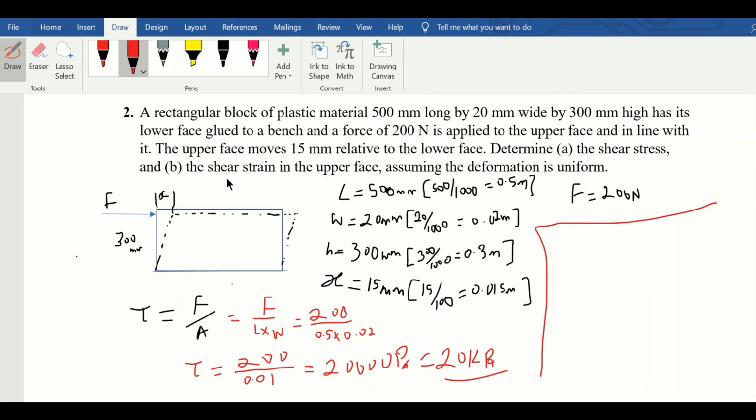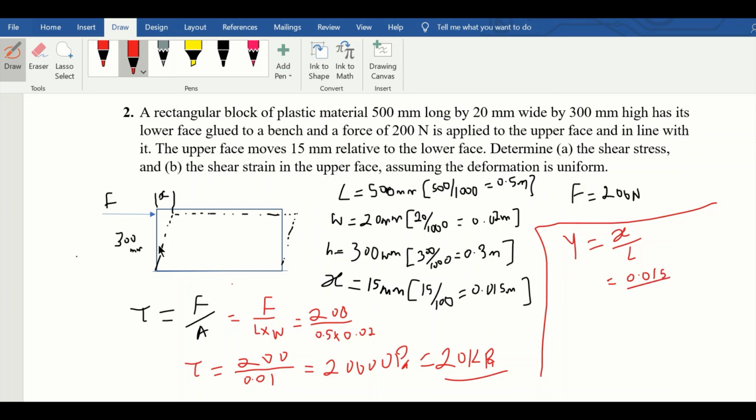To get the shear strain, I use the formula gamma is equal to the extension over the length. Now, from this diagram here, the extension is x, which is 0.015 over the length.